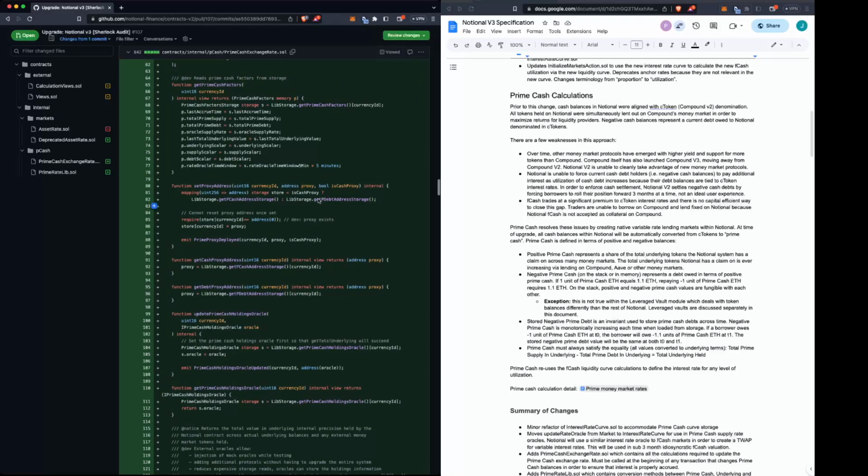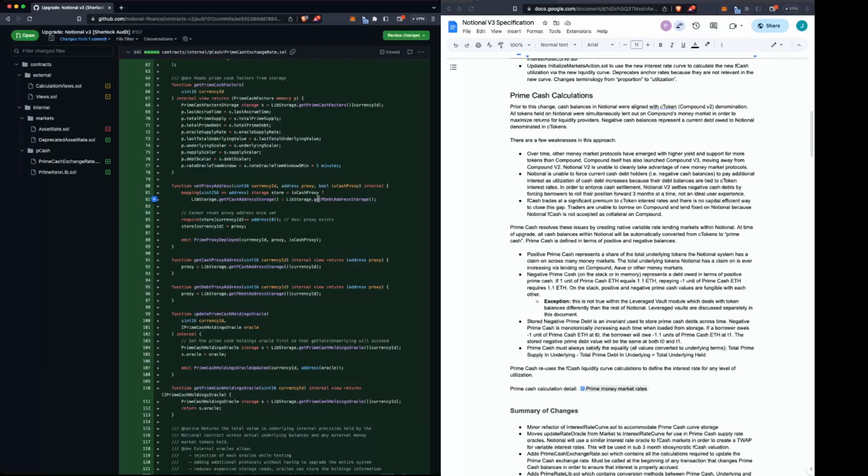So one unique aspect of the prime cash market is that idle assets that are sitting in Notional, say USDC, as USDC is deposited to Notional, Notional will accept USDC directly. And in Notional V2, that USDC was immediately deposited onto Compound in order to mint cUSDC and begin to earn the lending rate on Compound for USDC. In Notional V3, what we're doing is we're breaking that dependency with Compound V2.